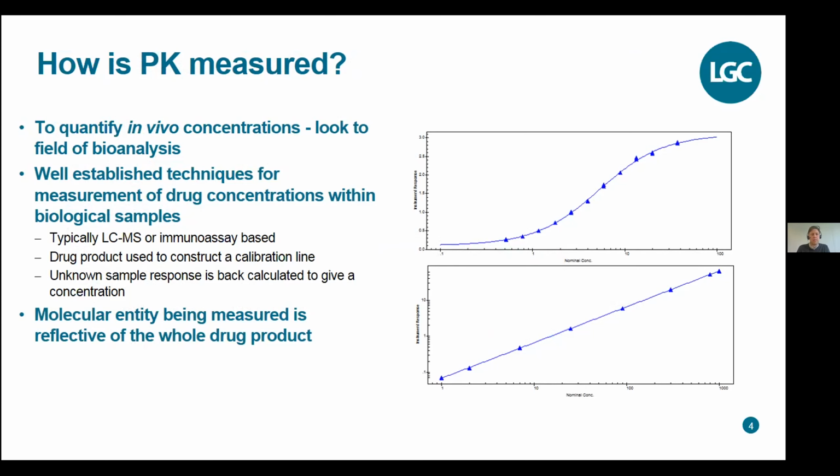Typically they can be performed by LCMS or immunoassay. The drug product is used to construct a calibration line, and then we can measure the unknown sample response against this calibration line and back calculate the concentration of that sample response. Generally we consider the molecular entity that we are measuring to be reflective of the whole drug product.